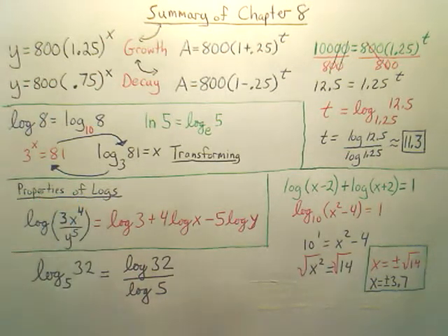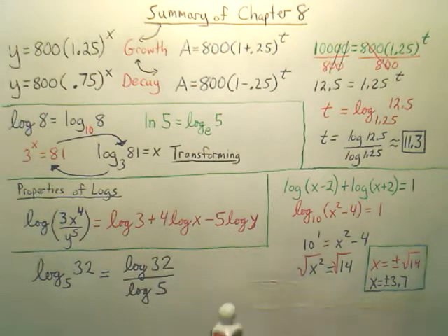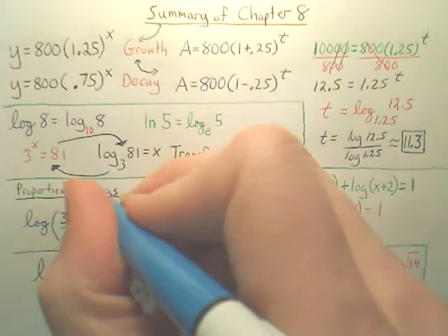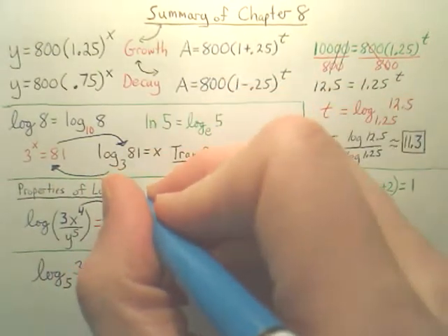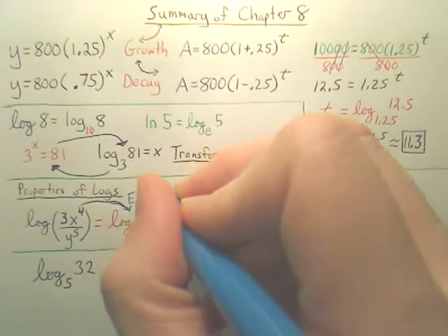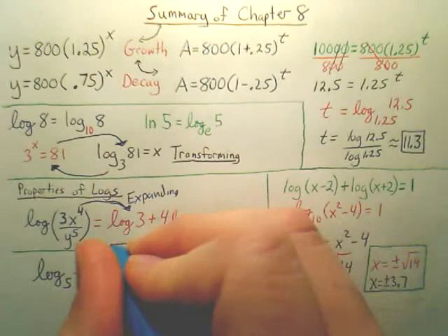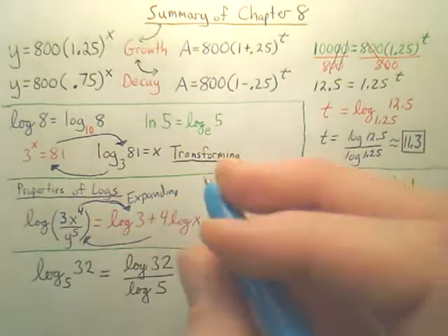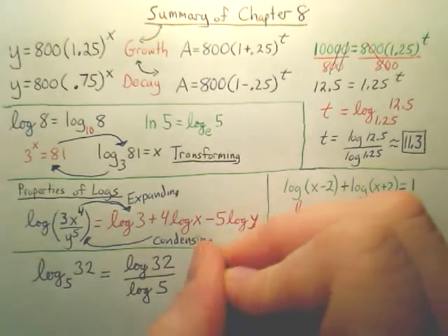There's a couple properties of logs where we expand and condense. When you go from here to here, what you're doing is expanding. But when you go from here to here, you are condensing.